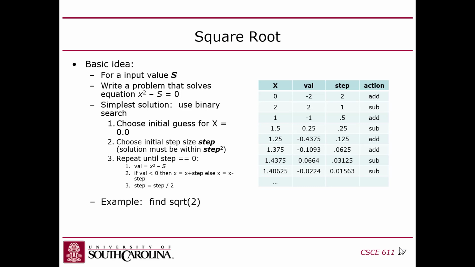This implies that the answer has to be in the range of this plus twice that, right? So if I start my step at 2, then my upper bound for the answer is 4, right? So you're going to set your step to be half of the range, essentially, for the answer, right?